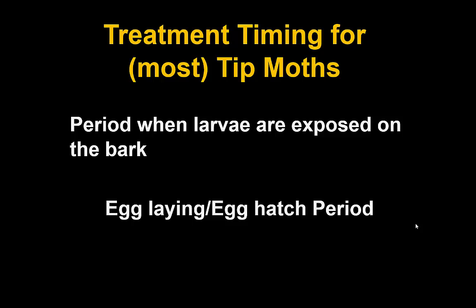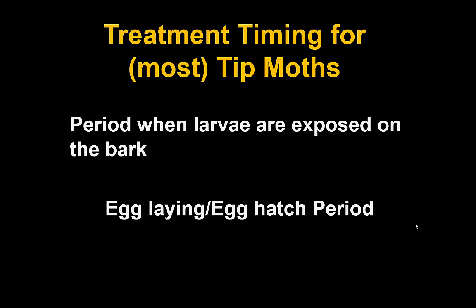Now, if we are going to go after tip moths for control, this is an insect that is exposed and capable of being controlled when it's on the outside of the tree. The period when larvae are exposed on the bark, when the adults have laid their eggs and the eggs are hatching, that's the most effective period when you may wish to treat for a pine tip moth.